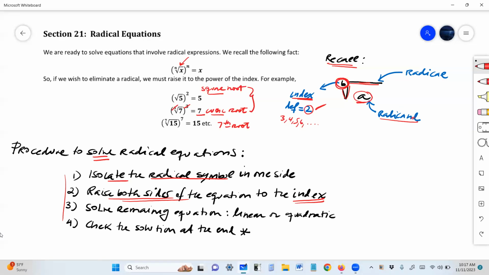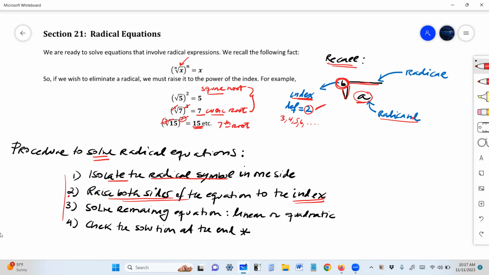In other words, when you do step 2 and raise both sides of the equation by the index, the index disappears. That's what we want, right? So the 7th root raised to 7, this cancels with the 7 and the radical, and the answer is only the radicand. That's what we want.